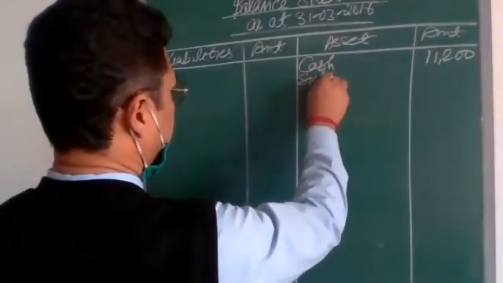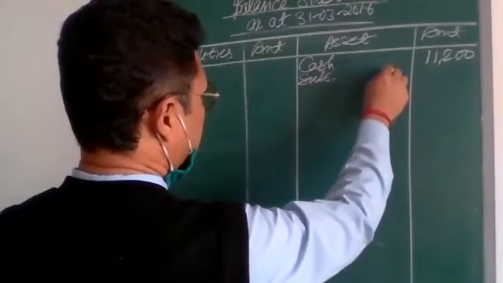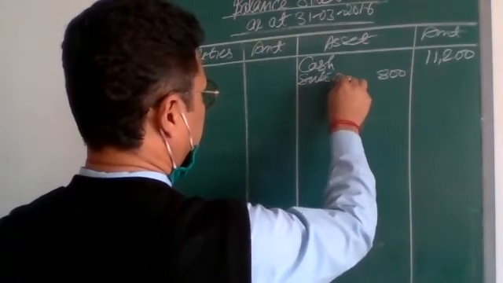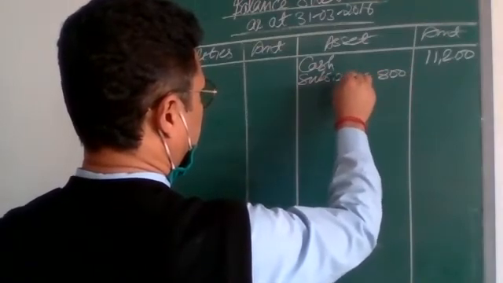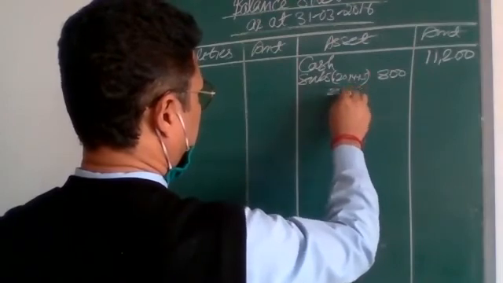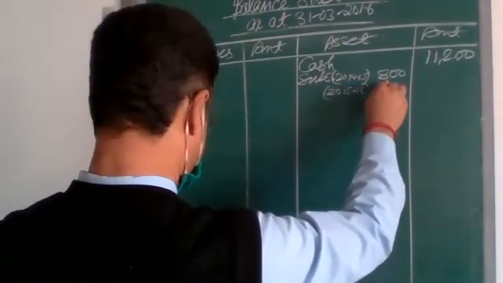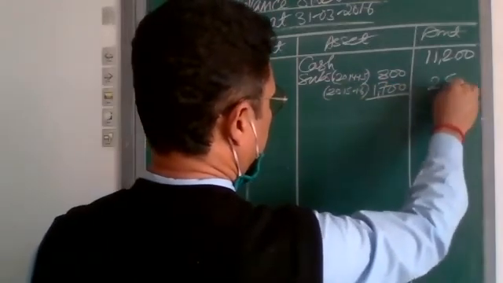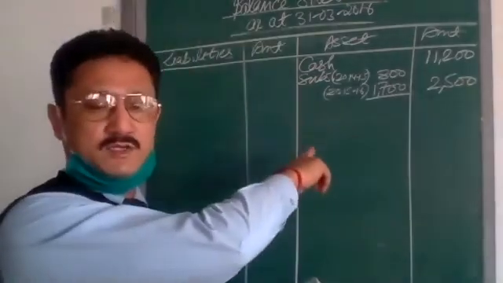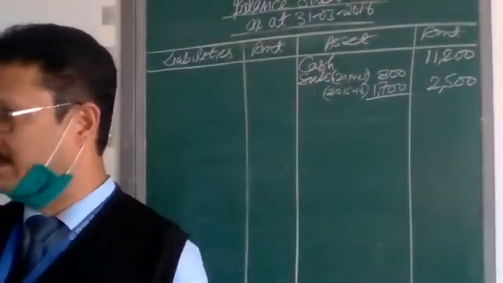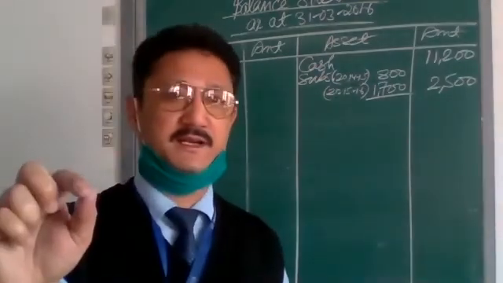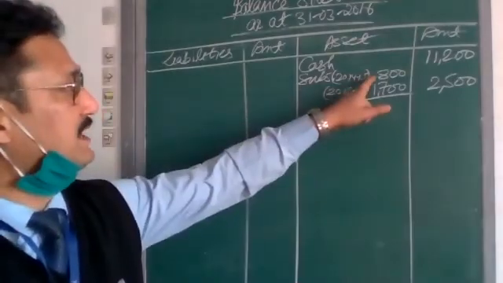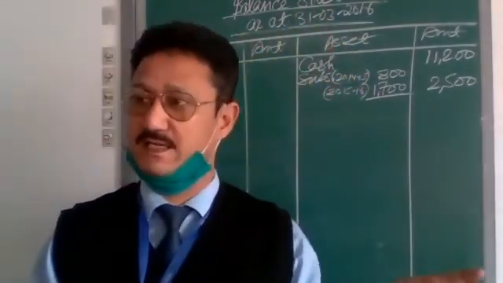Subscription. How much was left from last year? 800. And how much is left from this year? We are showing the outstanding subscription separately, though it is given combined as 2,500 in the additional information of the question.